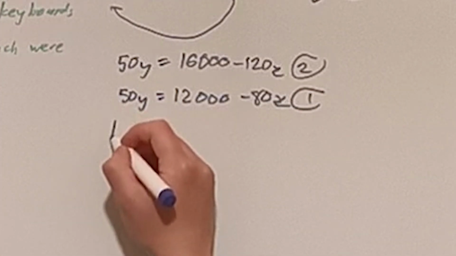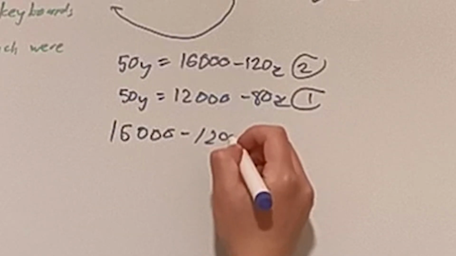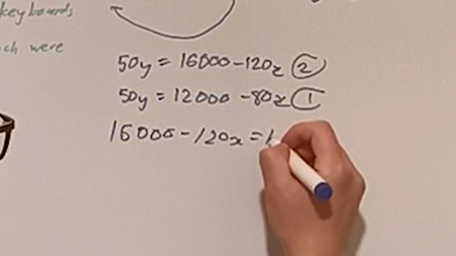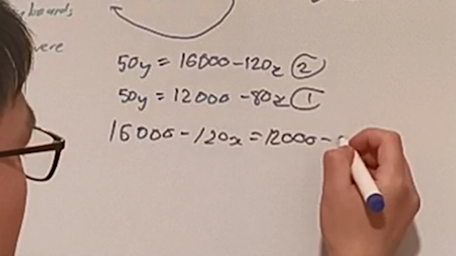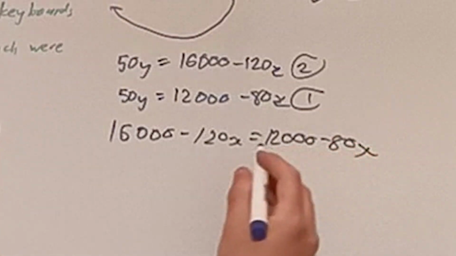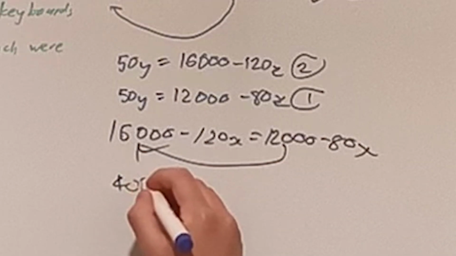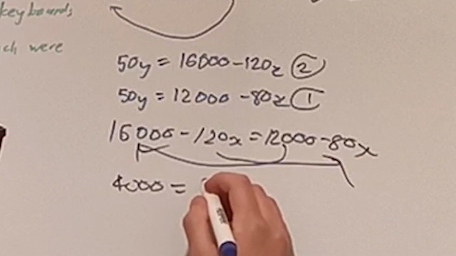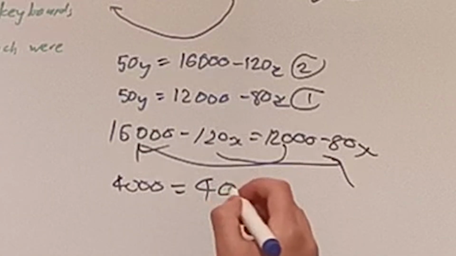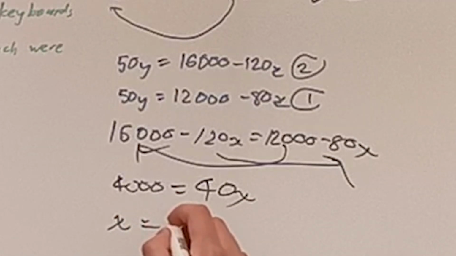So now what we do is 16,000 minus 120x equals 12,000 minus 80x. We bring this to the other side, so that becomes 4,000, and bring this over to the other side, so that equals 40x. And we simplify this, so x equals 100.